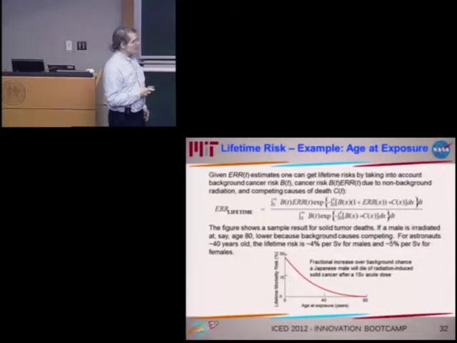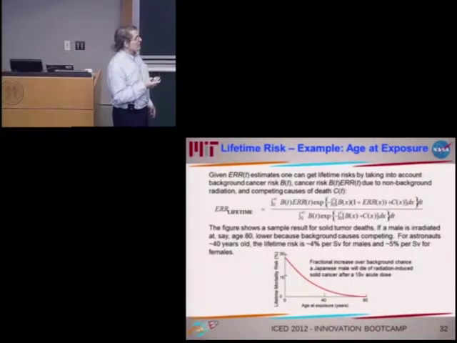One can then discuss, as Frank mentioned, looking at the lifetime excess relative risk. Here, you introduce additional concerns. One now has to think about competing causes of death as limiting the excess relative risk one would experience from the radiogenic exposure. Here would be a sample way one would calculate something like that.